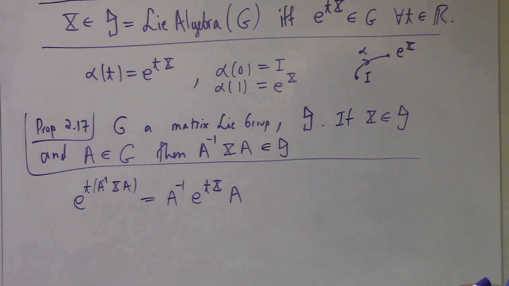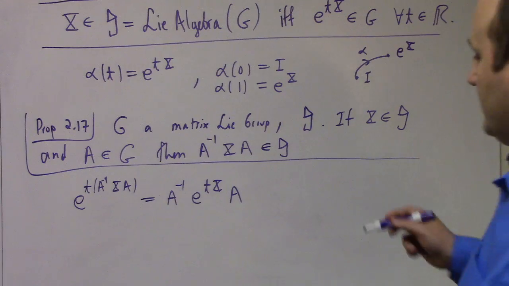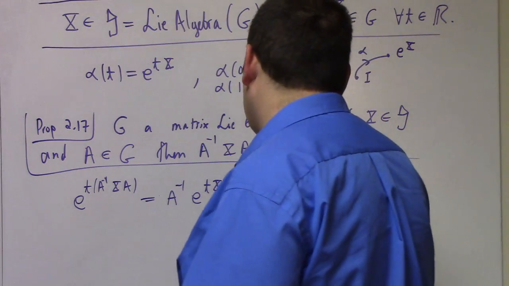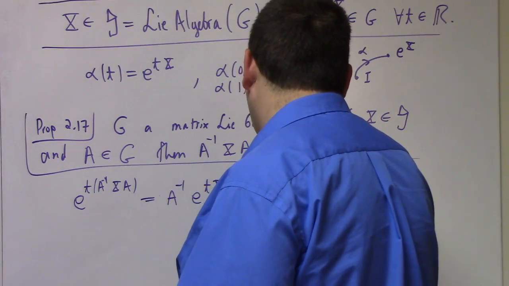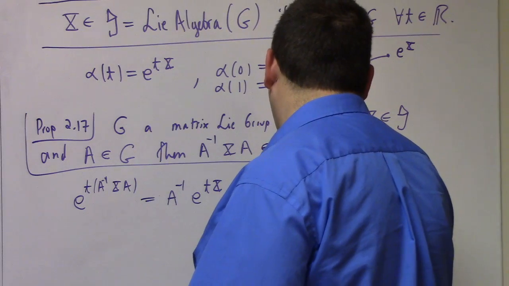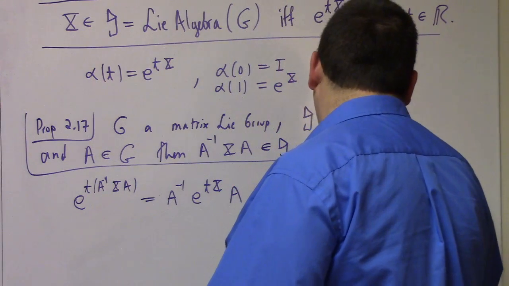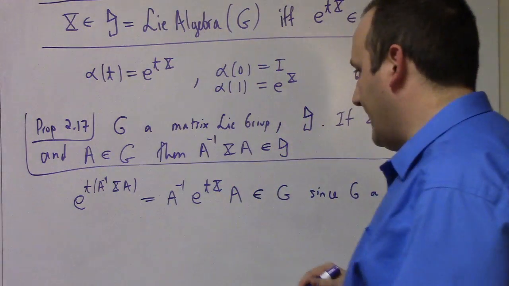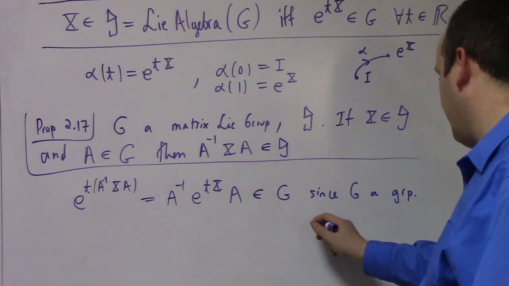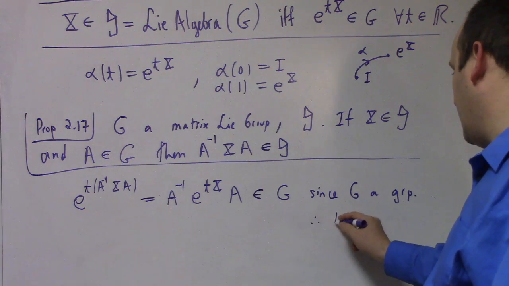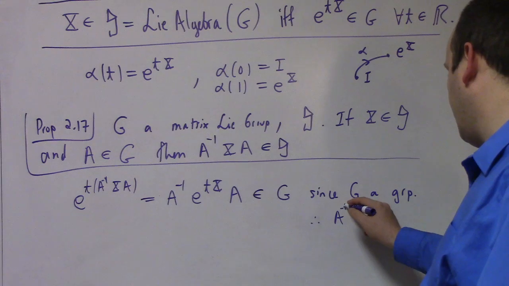Now it's a product of elements in G, so we're good. This is an element of G, since G is a group. So therefore, t was arbitrary.